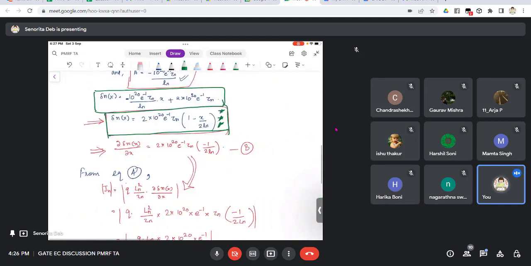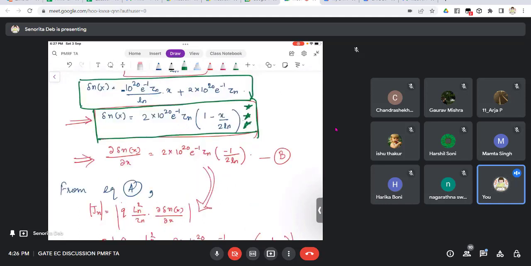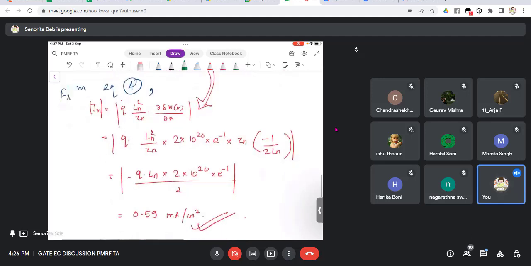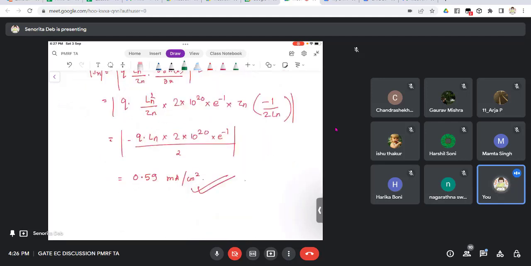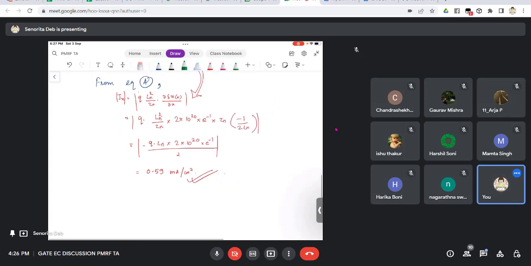After that we will just differentiate it once and we come to this equation, and from equation a and b we will find the answer as 0.59 milliampere per centimeter square. So just have a look at it and then we will start.